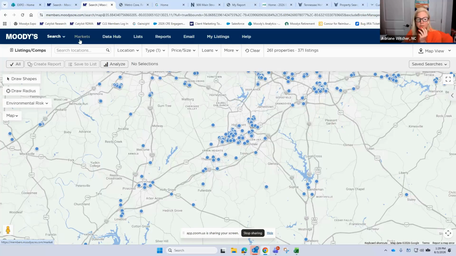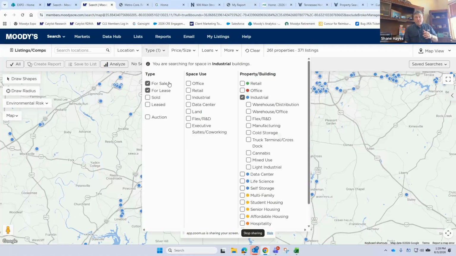I appreciate that. Sure. So the market tab is great if you want to look at certain markets at a very high macro level. But if you want to get down to a smaller number, it's best to come to this map and pick what you're looking for, for sale, for lease, or both, and the asset class. You can even get further descriptive if you just want warehouse or distribution.